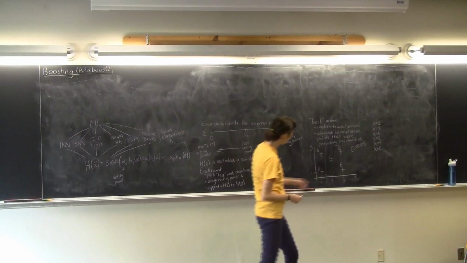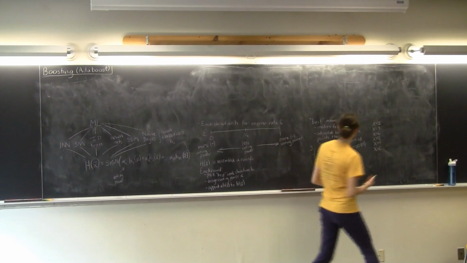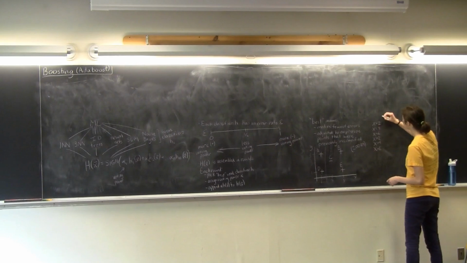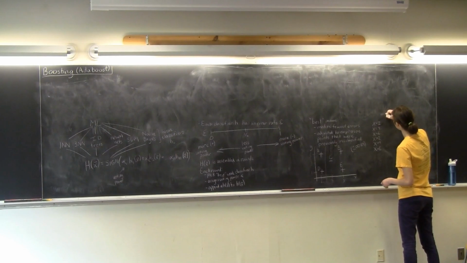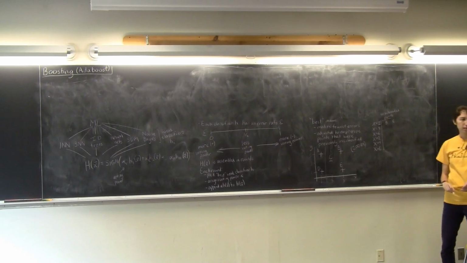B and E, yeah, because it says B, C, and E are minuses, and B and E are wrong. So we're going to make a list of misclassified points. And here we'll have B and E.